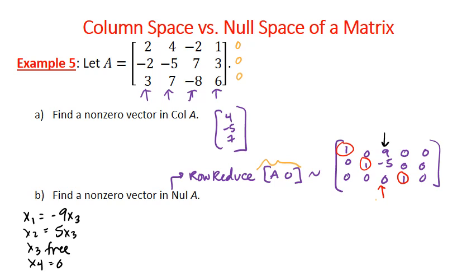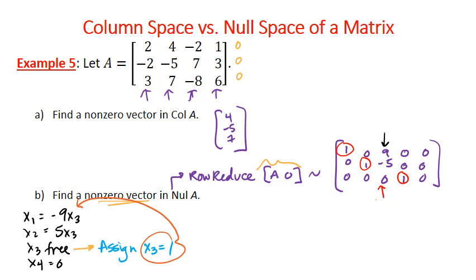Since we want to find a non-zero vector, we're going to assign our free variable something. It can be whatever you want. Because we're just finding an example, there are lots of different possibilities here. So I'm going to assign x3 to be equal to 1. Anywhere I see x3, I'm going to replace it with 1.